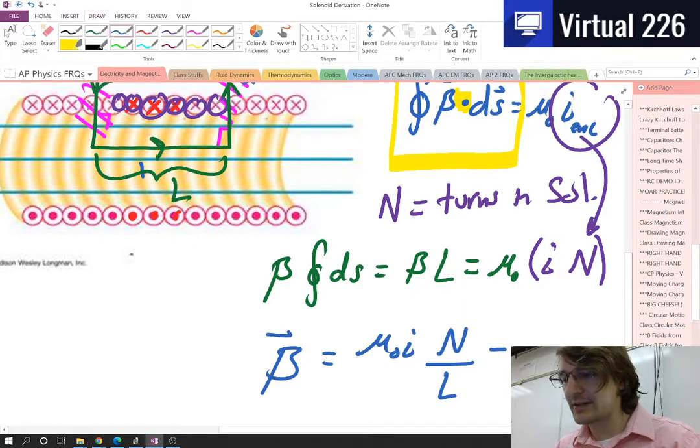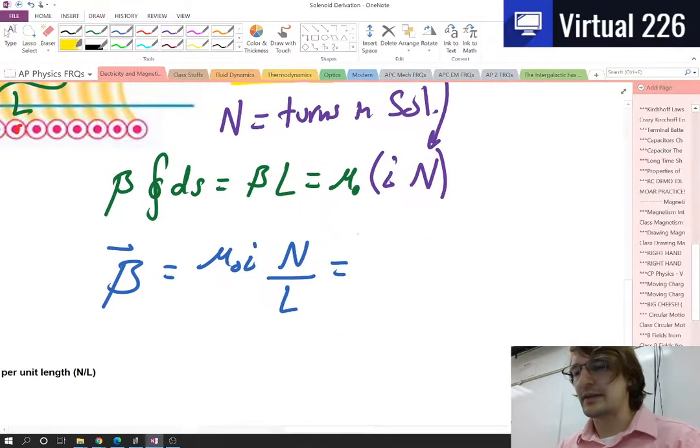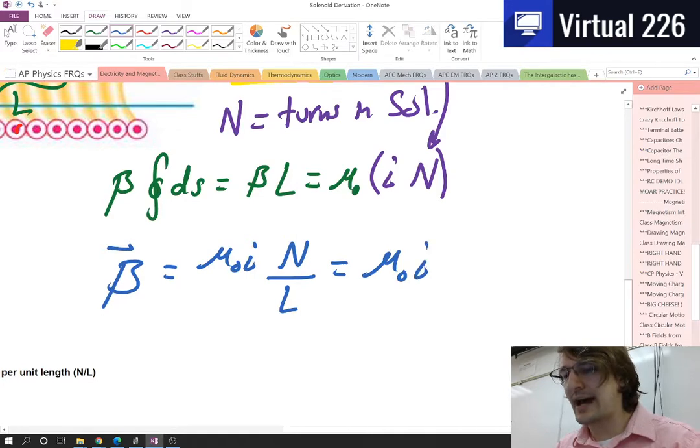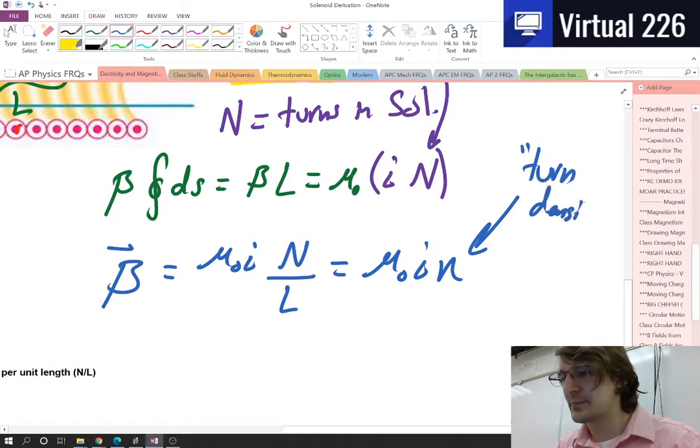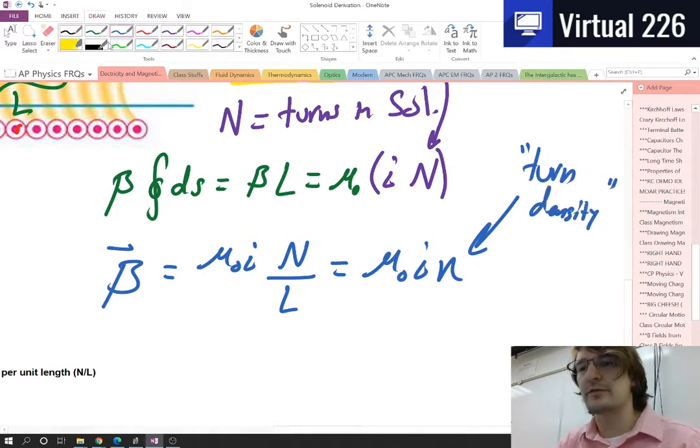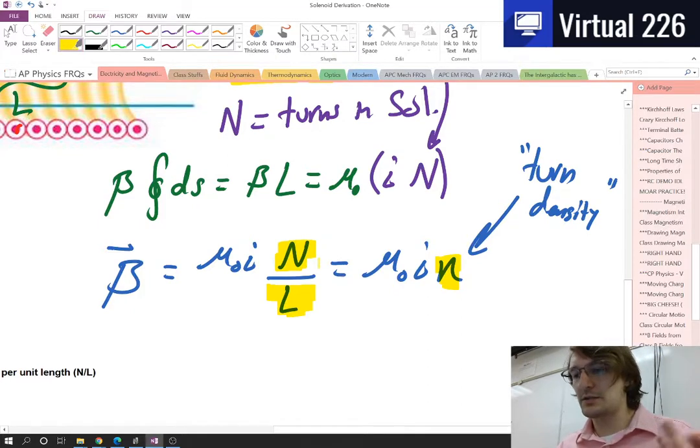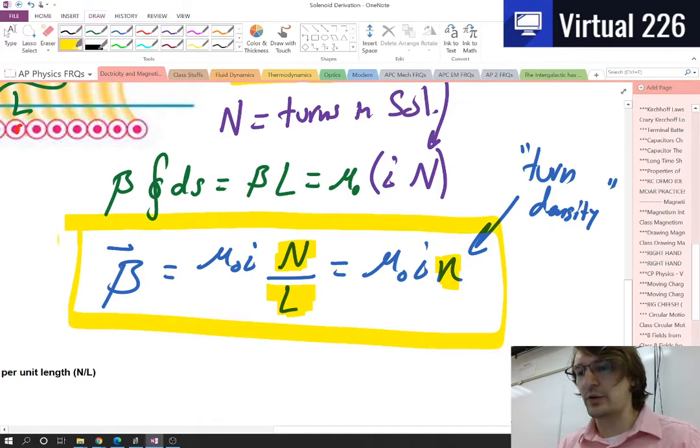So we could write this, and what you'll commonly see is mu naught I little n, where little n is a turn density. It is the number of loops or turns per distance. So that's what we're talking about there. And we see that this doesn't matter where you are inside of that solenoid. It's uniform everywhere. So that is the B field of a solenoid equation there.